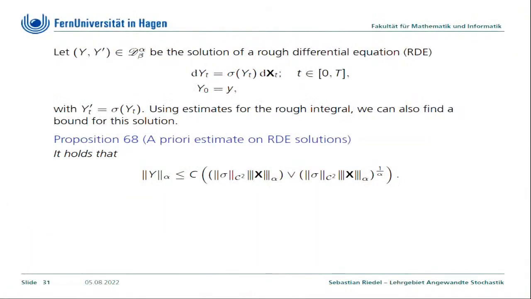For the proof, you use the rough integral. It's done in this proposition here, but it's not so straightforward, unfortunately, because what makes your life a bit complicated is the square from the composition with the rough path. Suddenly you get a square somewhere, and then you have the alpha Hölder norm of y on the right-hand side as well, but with a square.